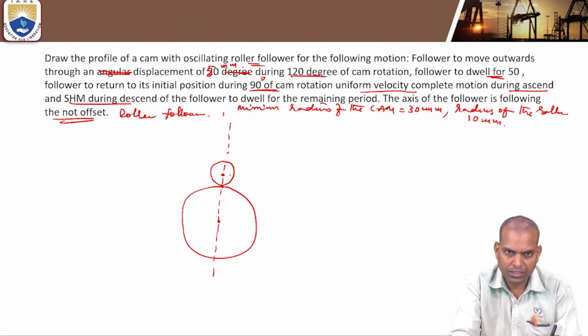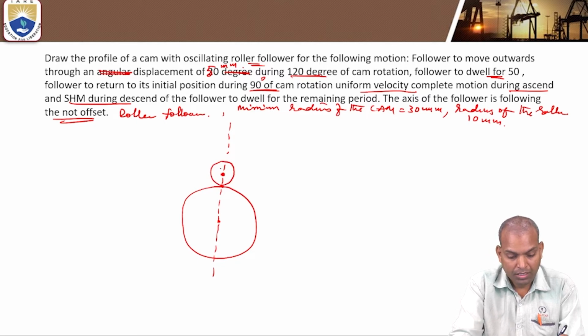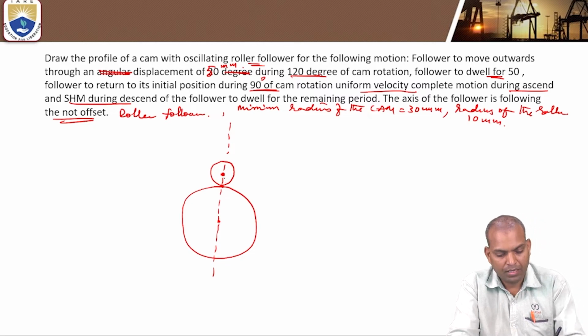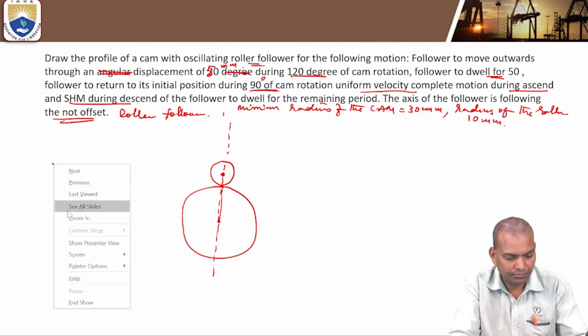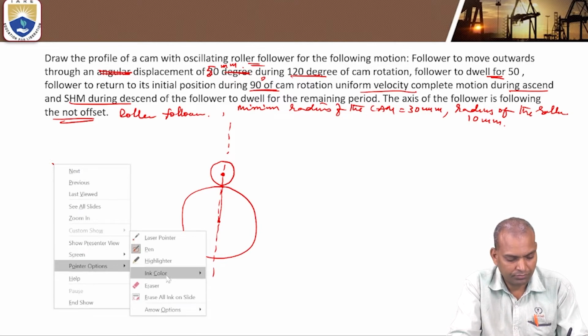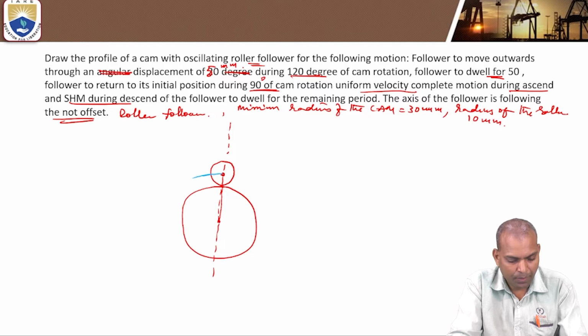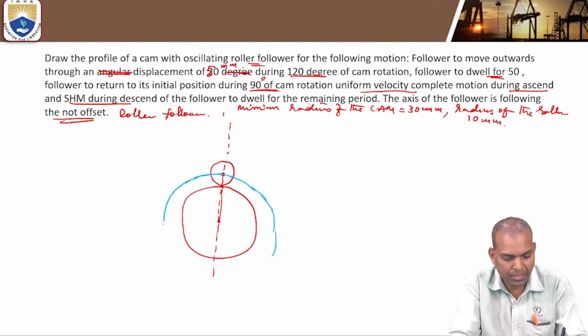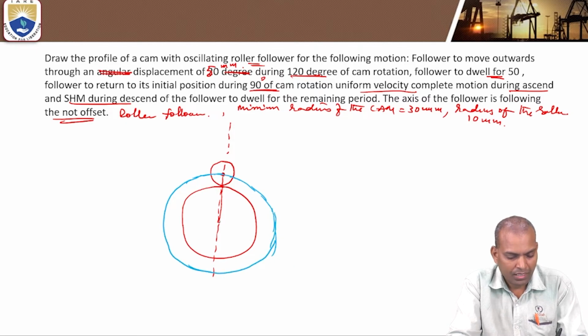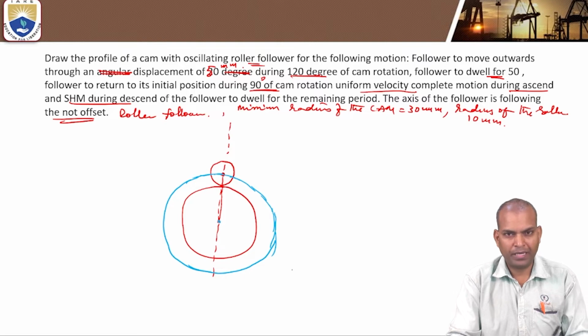Draw the roller circle. This center is known as the tracing point. Now this is the reference. With this reference, draw another circle passing through the tracing point, from the center of the base circle to the tracing point. That circle is known as the prime circle.